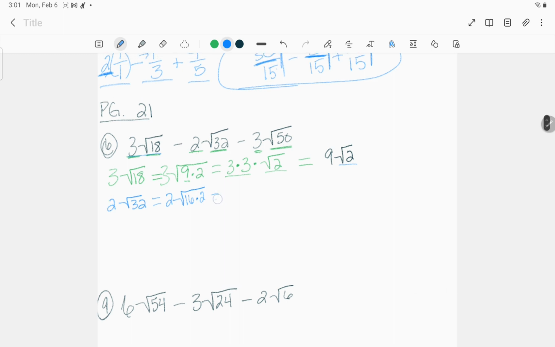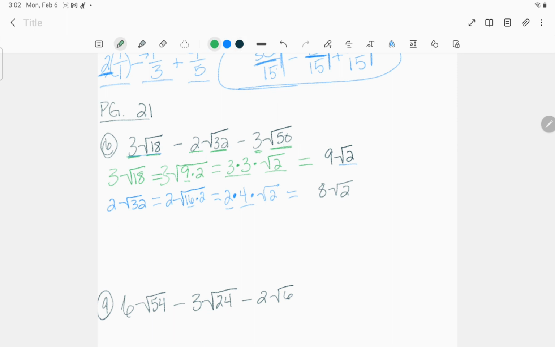16. Okay? When I simplify this more, I have 2 times the square root of 16, which is 4, and then times the square root of 2, which is then going to equal 2 times 4, which is 8 times the square root of 2. Okay?